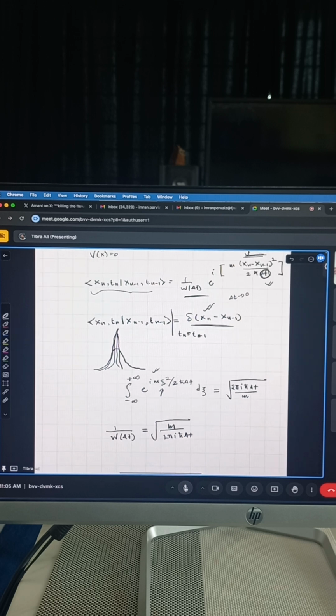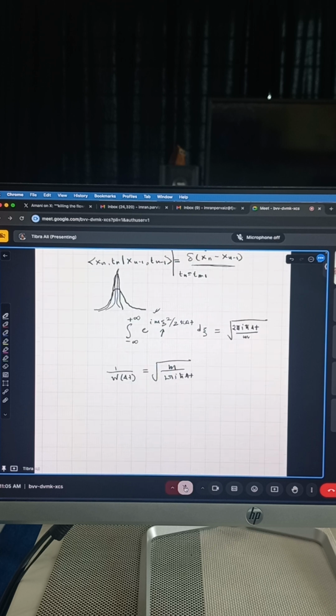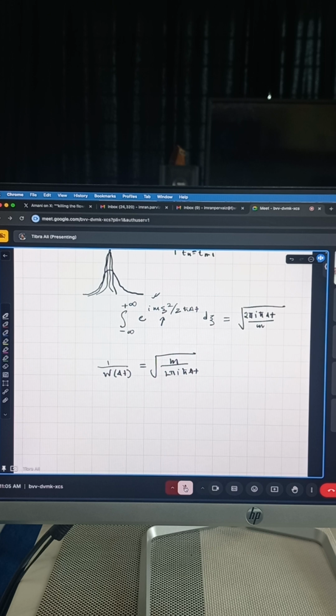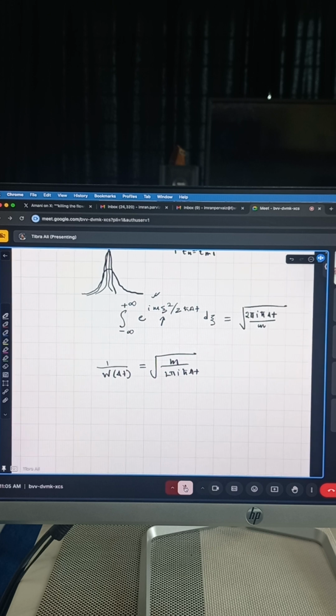So now we know what this infinitesimal propagator is. So the infinitesimal propagator is xn, let me use small n, x small n, t small n, x small n minus 1, t small n minus 1.